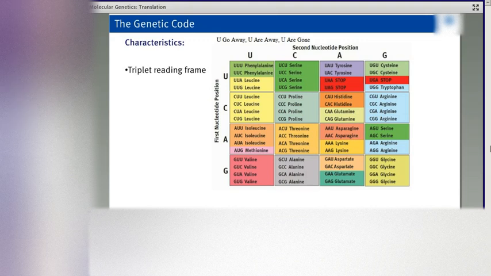Now, if you have a mutation in the first or the second, you're likely going to be changing the entire amino acid being coded for. I think it's the actual genetics lesson where we talk about individual mutations, point versus frameshift and all of that. But basically, if we have a switch in the third base of the codon, it's usually going to be okay. And what type of mutation do we refer to that as?